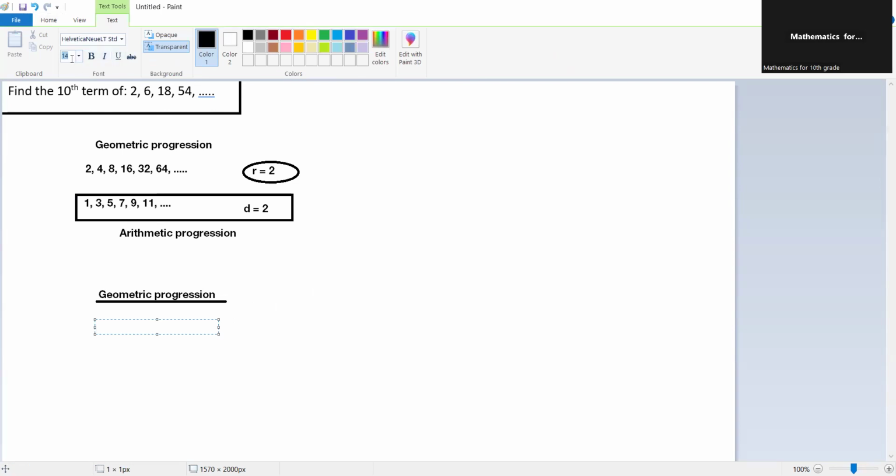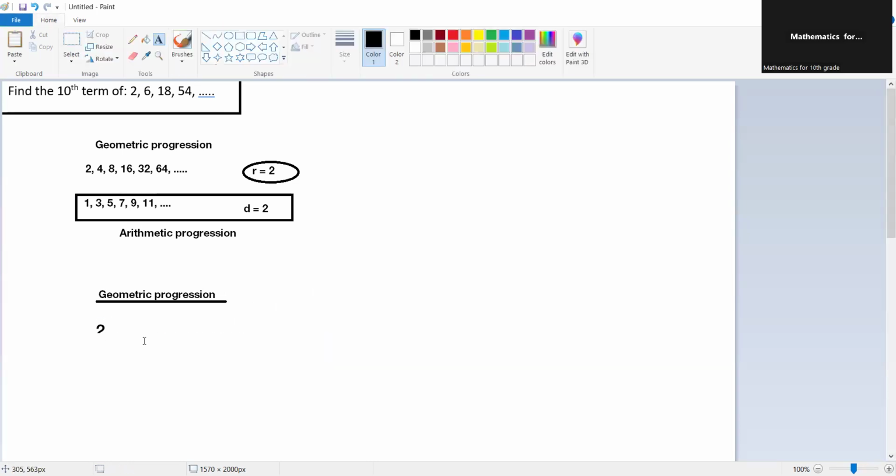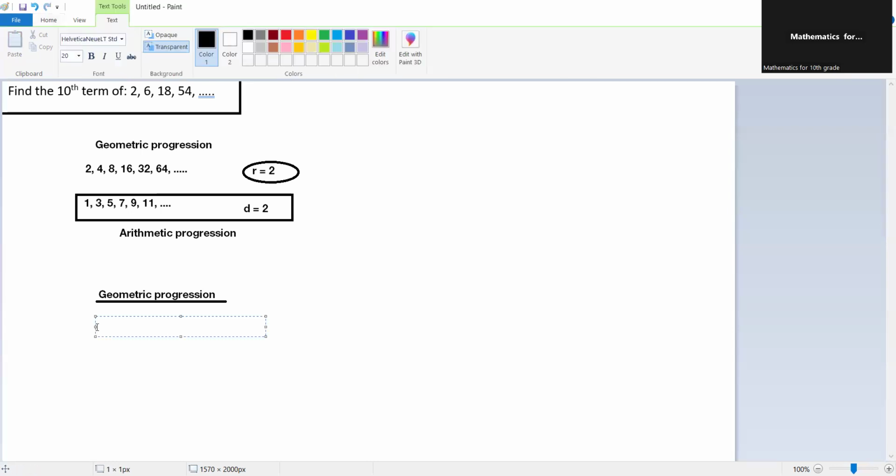So increase the font size to 20. 2, 4, 8, 16, 32, 64, etc.